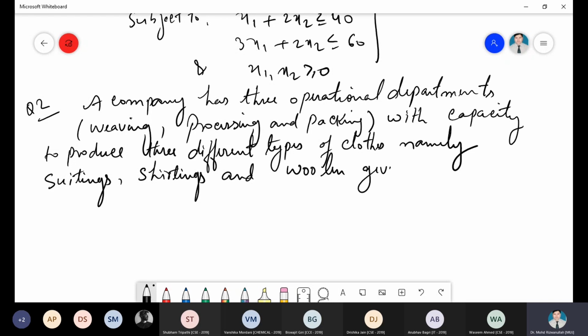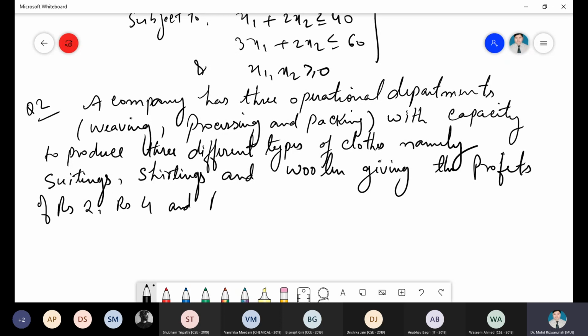giving the profit of rupees 2, rupees 4, and rupees 3 per meter respectively. Okay.